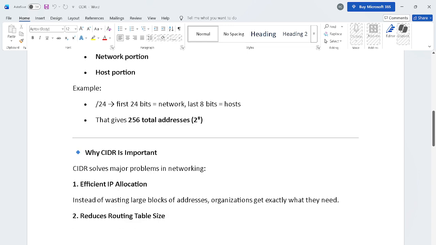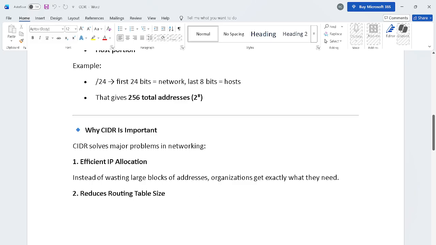Why is CIDR important? CIDR solves major problems in networking. First is efficient IP allocation. Instead of wasting large blocks of addresses, organizations get exactly what they need. Second, it reduces routing table size.